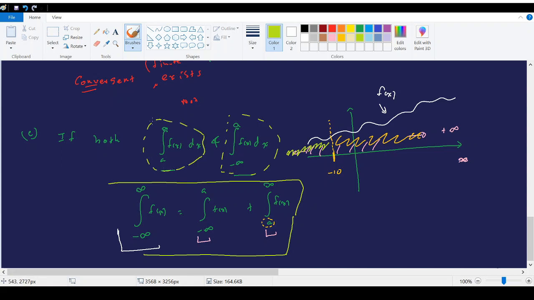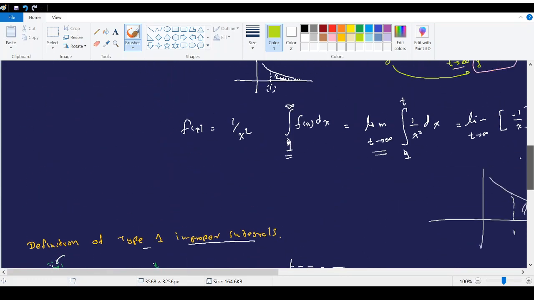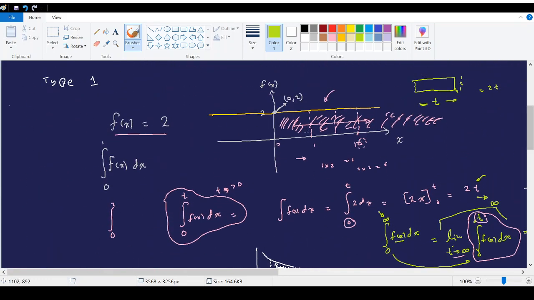That's important. Now see, in the very first example that I told, the integral from 0 to infinity is not convergent because the answer is infinity.